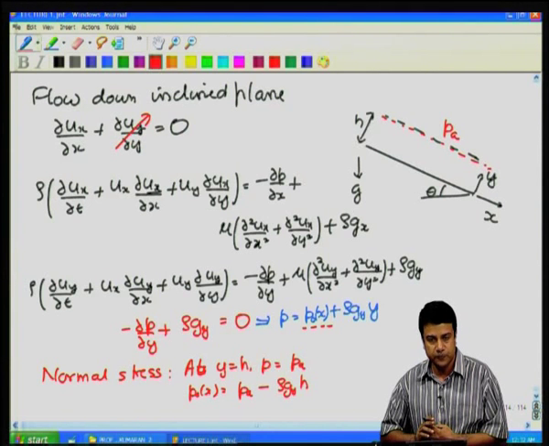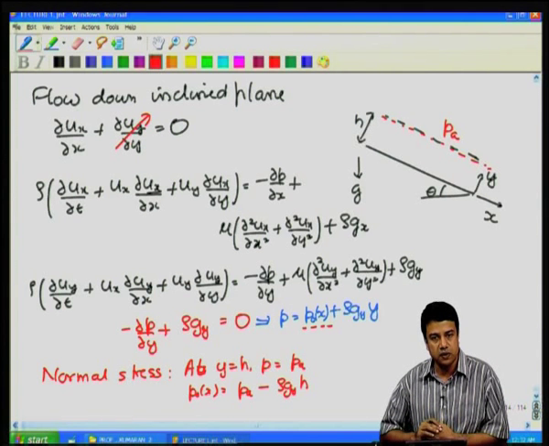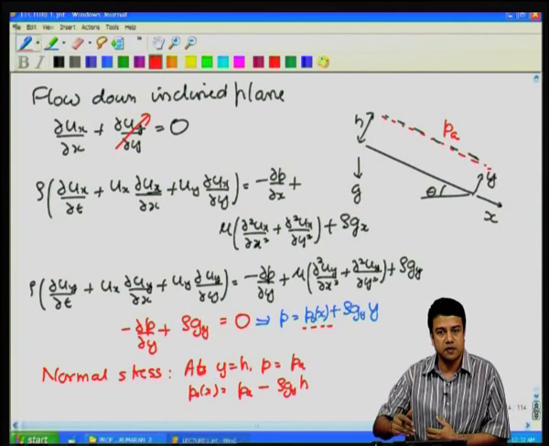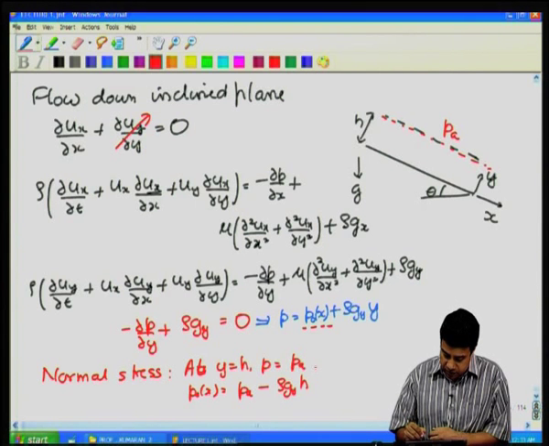That means that the constant of integration, which was dependent upon x, from the boundary condition, since P atmospheric is independent of the x coordinate, also has to be independent of the x coordinate, because the pressure has to be atmospheric pressure at that top surface. An important implication of this is that partial P naught by partial x is equal to 0.